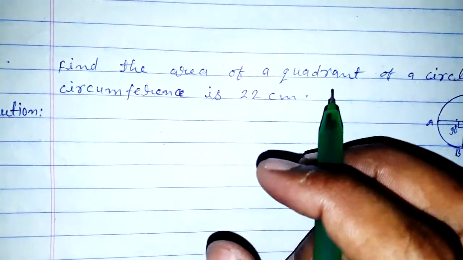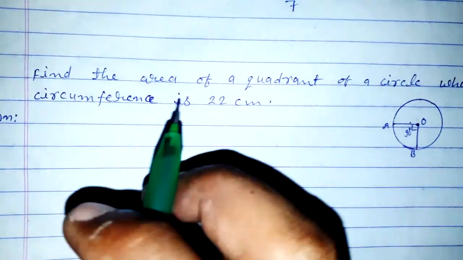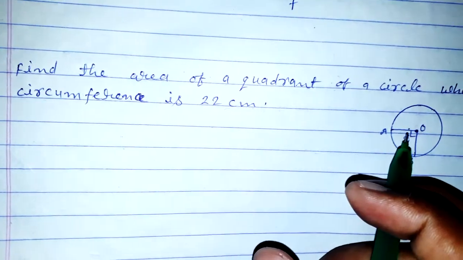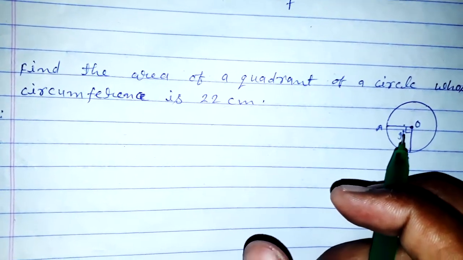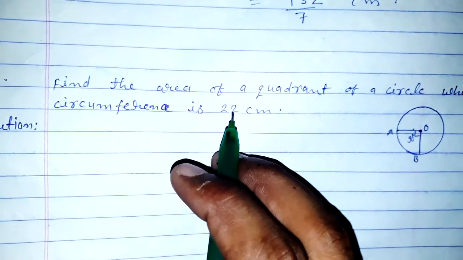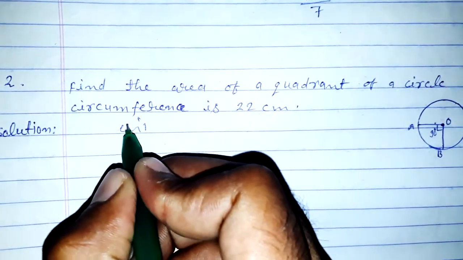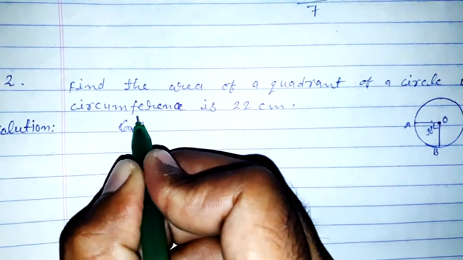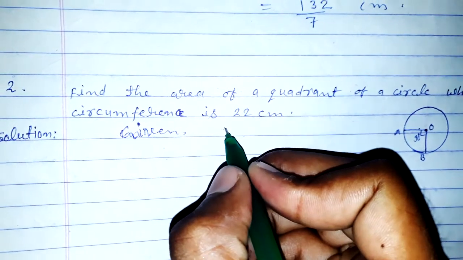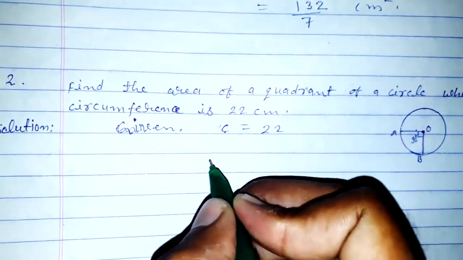Find the area of a quadrant of a circle whose circumference is 22 centimeter. You also know that a quadrant makes an angle of 90 degree. So here circumference is 22. Given circumference is equal to 22.